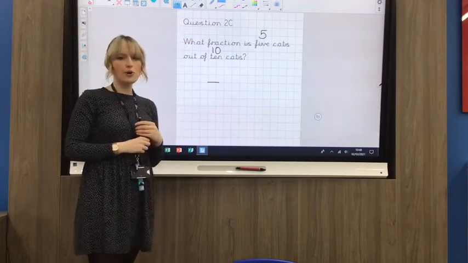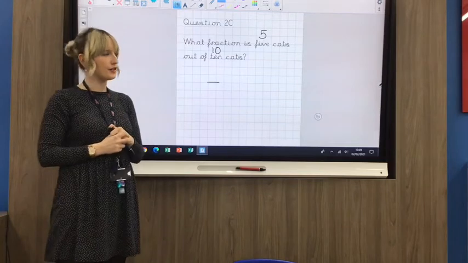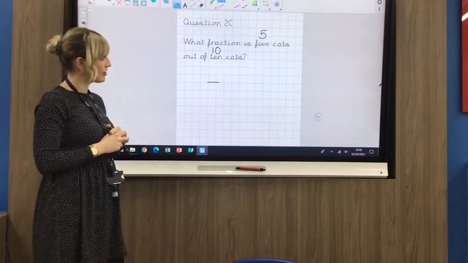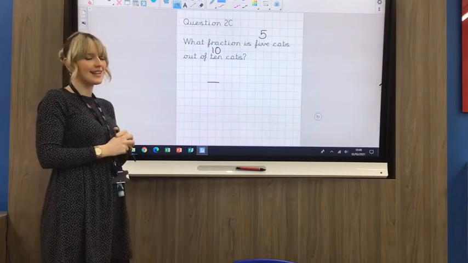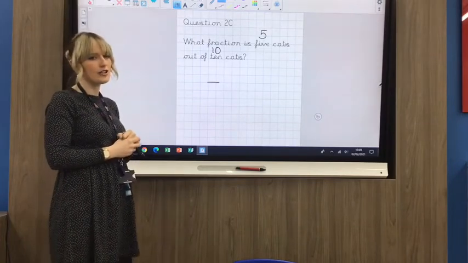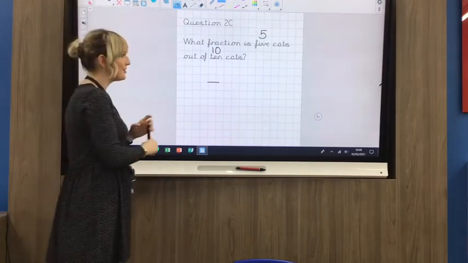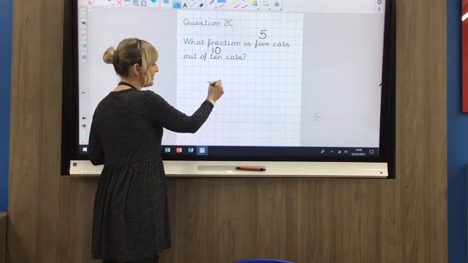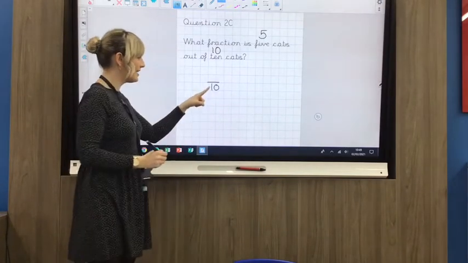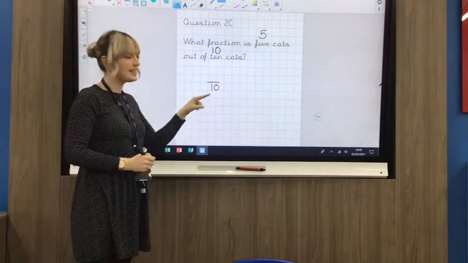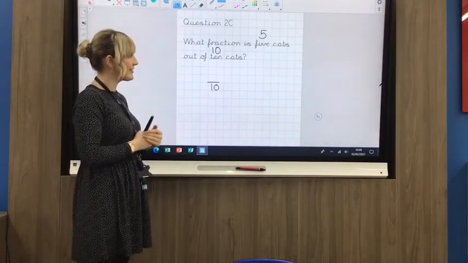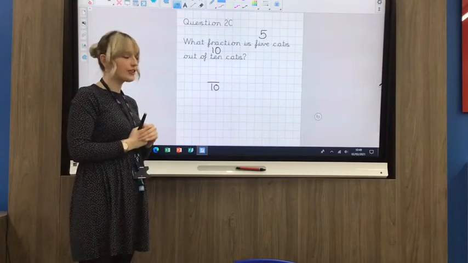So what's the total number of cats we've got? How many cats have you got in total? Well done if you said 10. So 10 is the number of cats we've got all together. So that's our denominator.